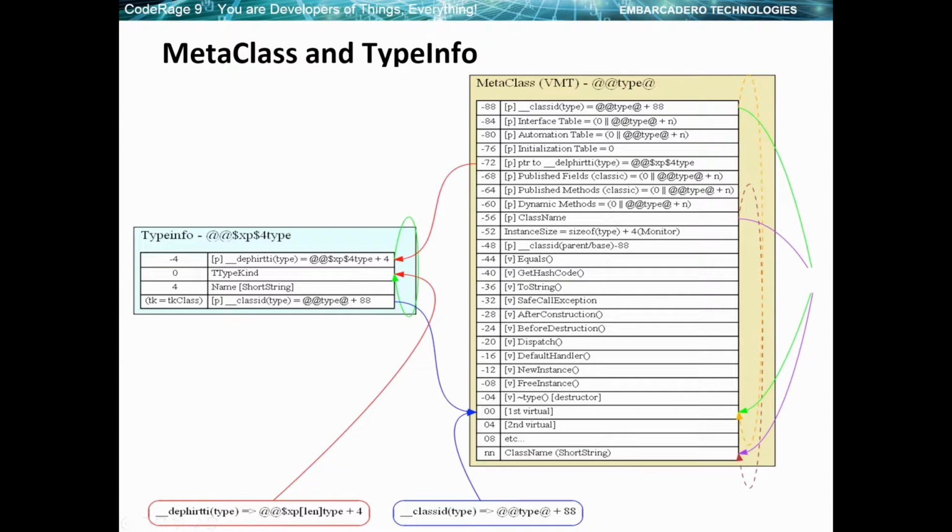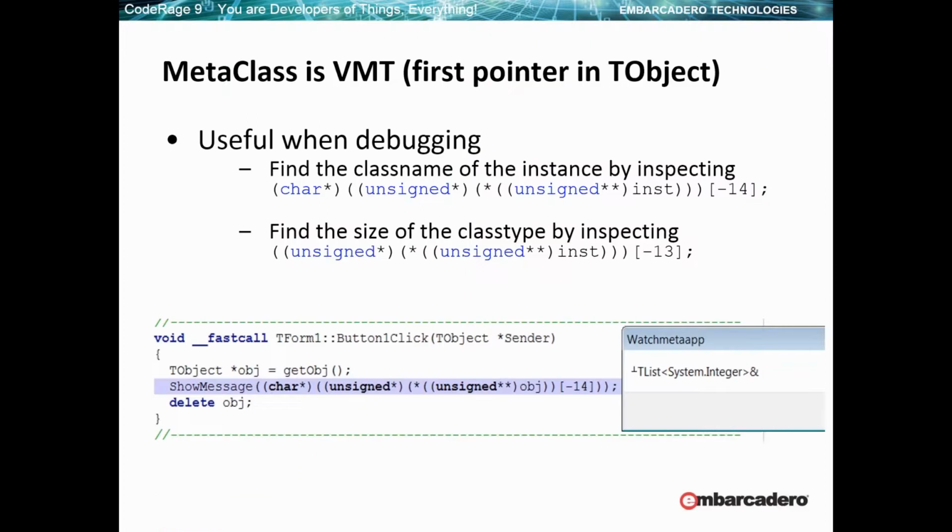And so that's actually very useful. I've done this so many times, so I've decided to put it here. I'll show you. It's not something that comes easy, but you can find the class name of an instance by doing this little nasty cast here. So I'm going at offset 56, just 14 times, and then casting it to, first I start with the instance. So I have a T object, let's say. And then I say, well, first we're going to get the Vtable.